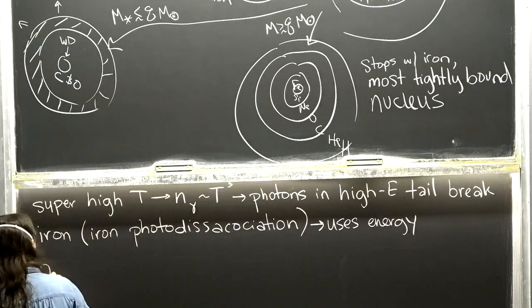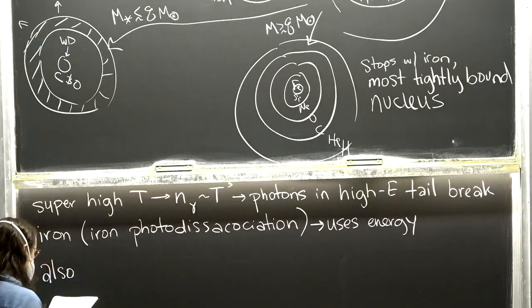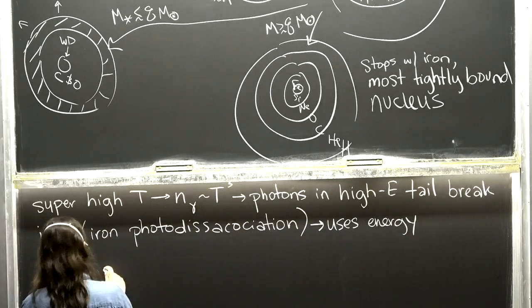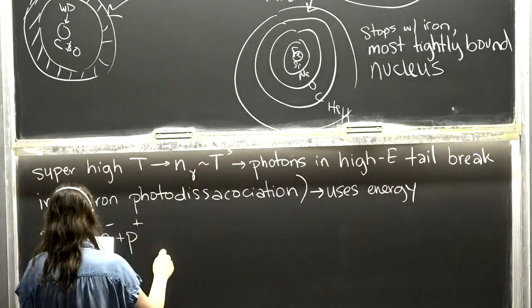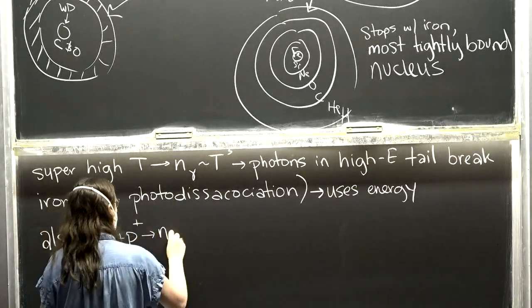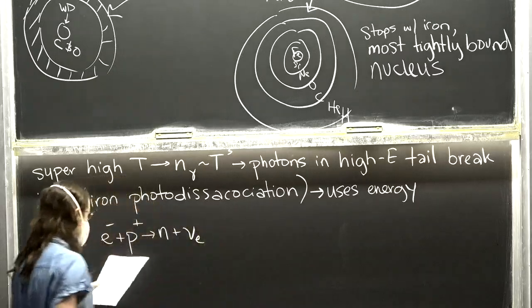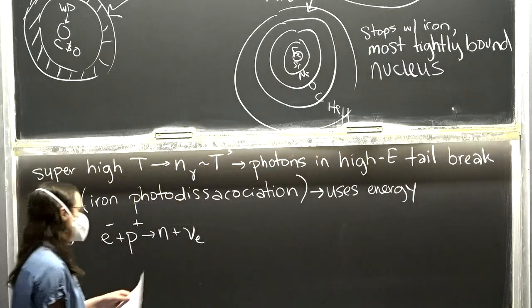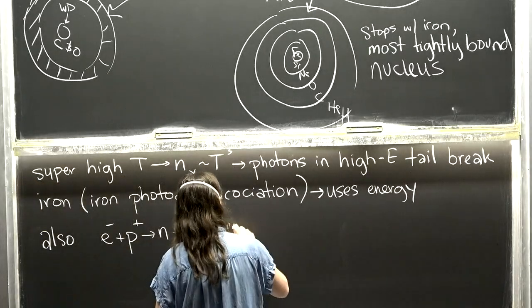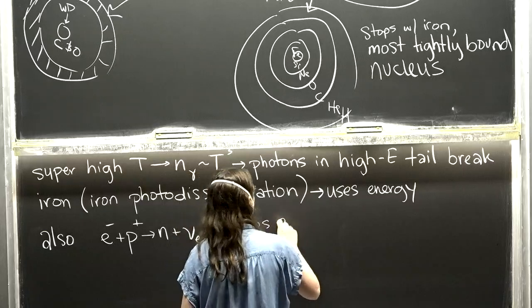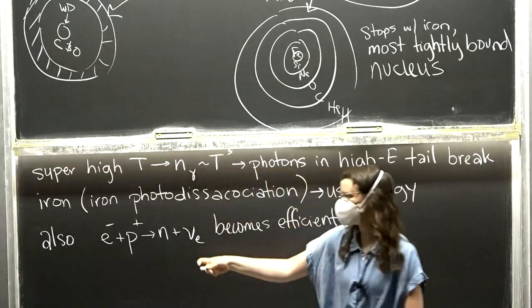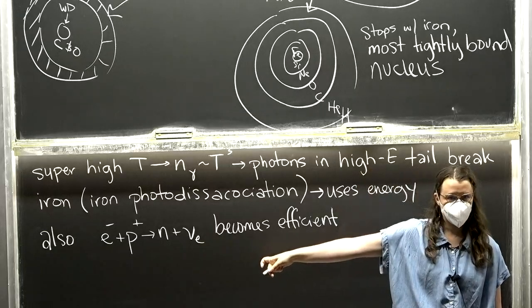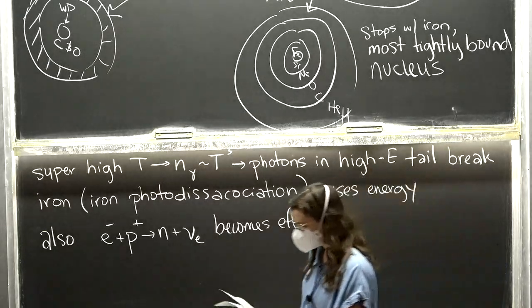Also, okay, you have processes like this start to become efficient. So electron and proton can become a neutron and an electron neutrino. And this is becoming efficient. And of course, neutrinos have a long mean free path, so they get to just leave the star.